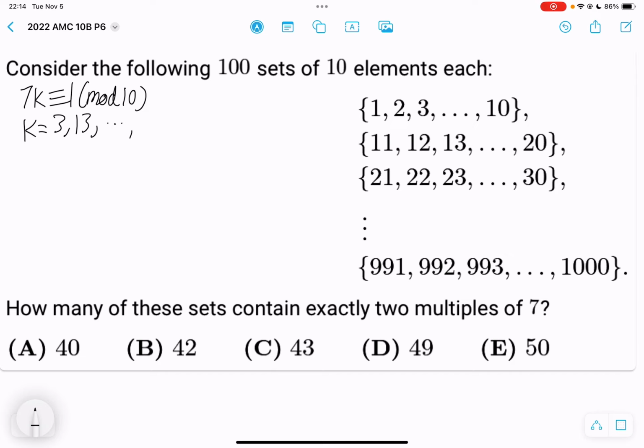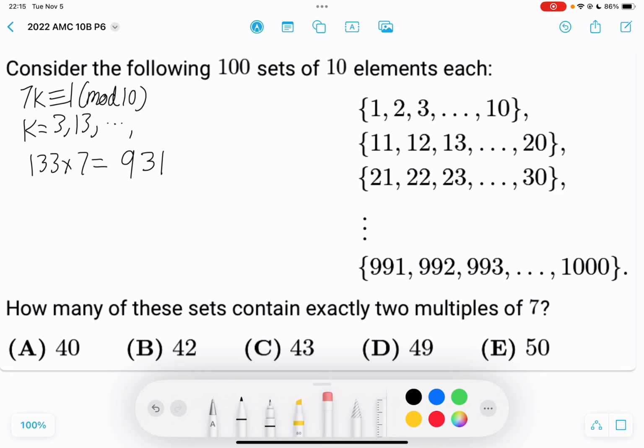So let's look at 133 times 7. That's 3 times 7, which is 21, and 3 times 7, which is 21 again, and then 1 times 7, so that's 931. So 133 is the biggest number that ends with a 3 that we can multiply 7 by that does not exceed 1000.